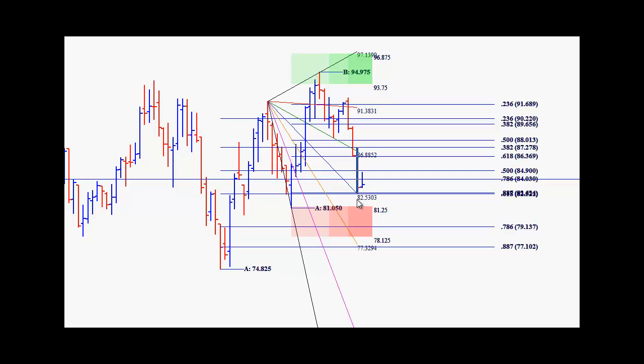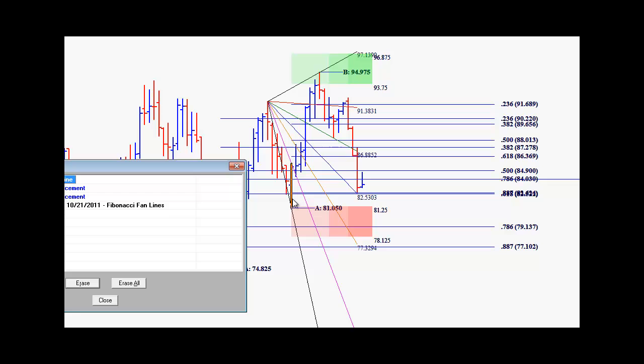First off, by taking the range from the low made during week ending May 27th, 74.825, to the high that is at 94.975, you can see right there, that was made on the week ending October 21st, and you were to come down, let's see what percentage that would be.